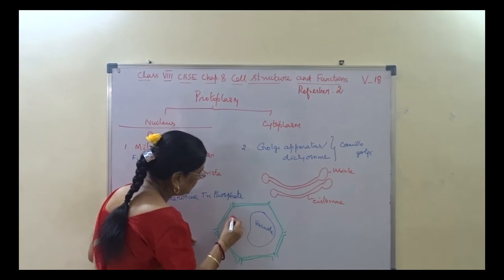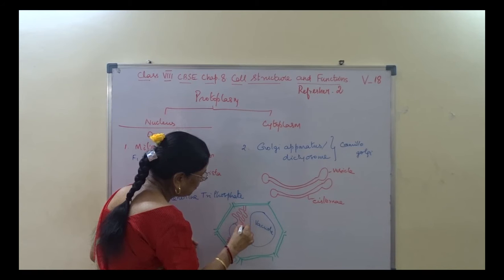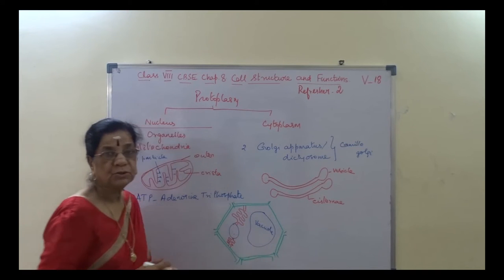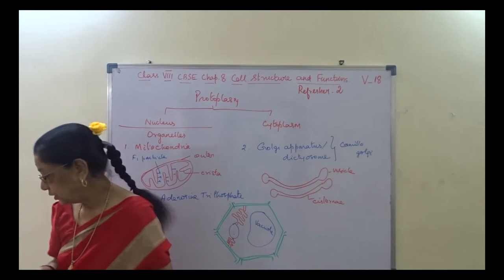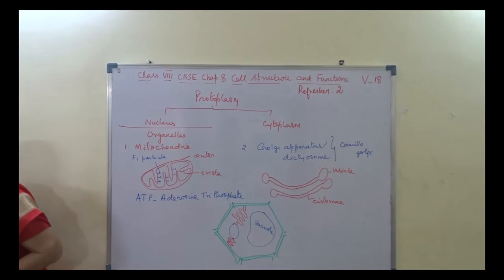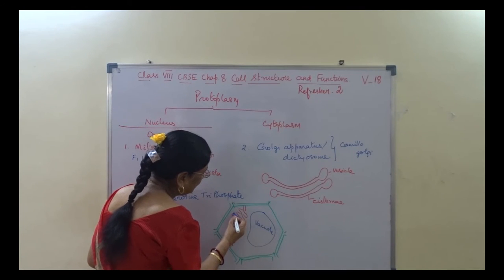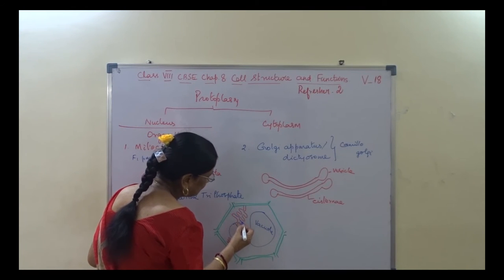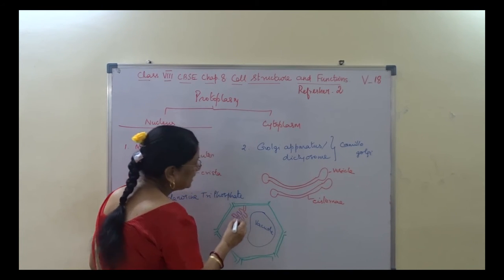The endoplasmic reticulum is in continuation from the outer cell membrane to the outer layer of the nuclear membrane.